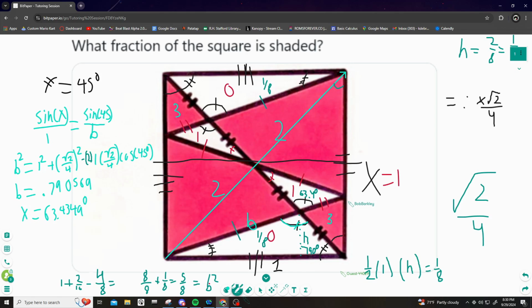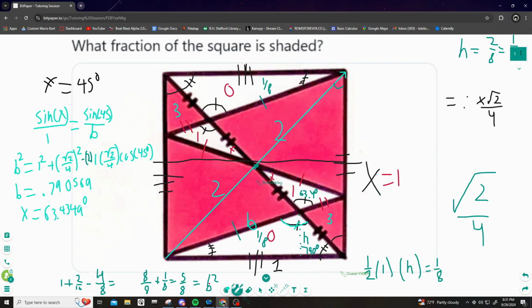Okay. So we have an angle and a side length in this triangle. We will need one more thing, either a length or an angle measurement.